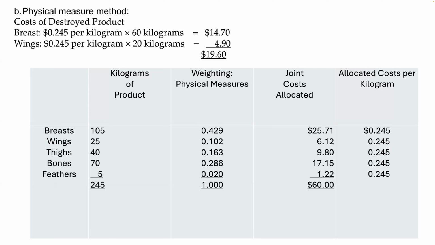If it's heavier, it is assigned more joint cost; if it's lighter, it is assigned less joint cost. But the cost per kilogram is the same, because the allocation is based on weight, so the allocated cost per kilogram is the same, 0.245.